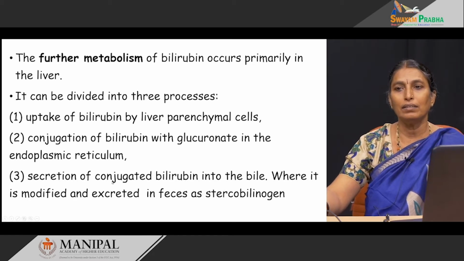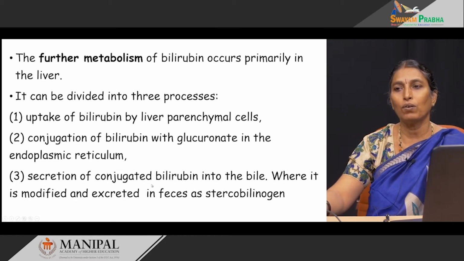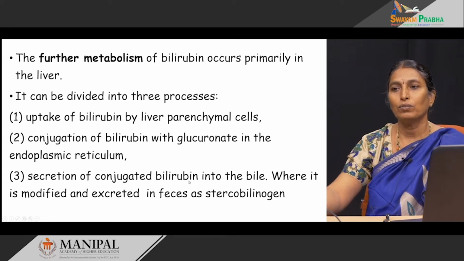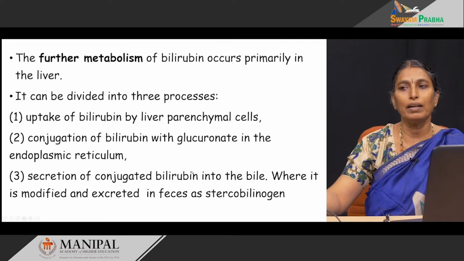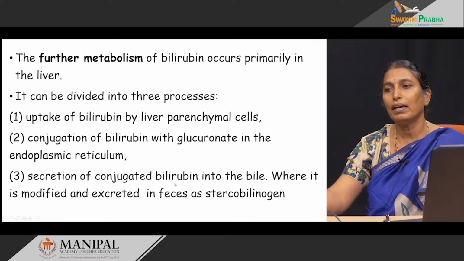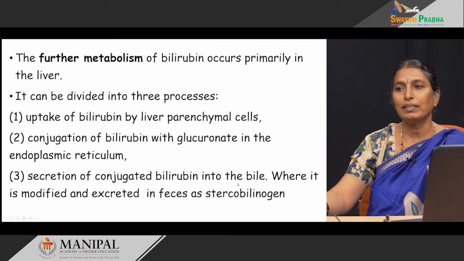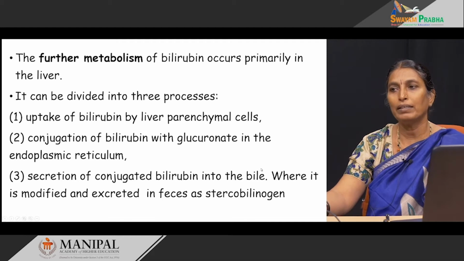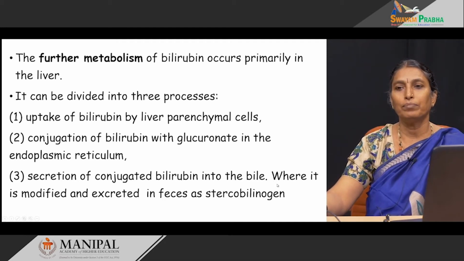The third is the secretion of this conjugated bilirubin into the bile. Conjugated means bilirubin monoglucuronide as well as bilirubin diglucuronide is secreted into the bile. From there, this bile goes to the gallbladder, where it gets stored, and from there it enters the duodenum.